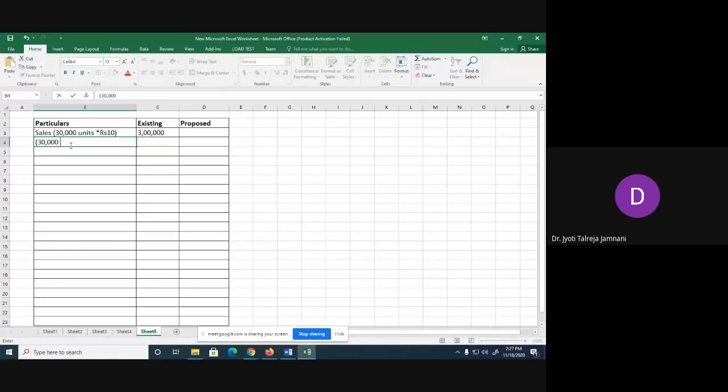Now it will increase by 15%, so plus 15% of 30,000. So 15% of 30,000 is 4,500. So 30,000 plus 4,500, the new sales would be 34,500 into 10 rupees per unit, the selling price. So the proposed sales will be 3,45,000. Any doubts in this?